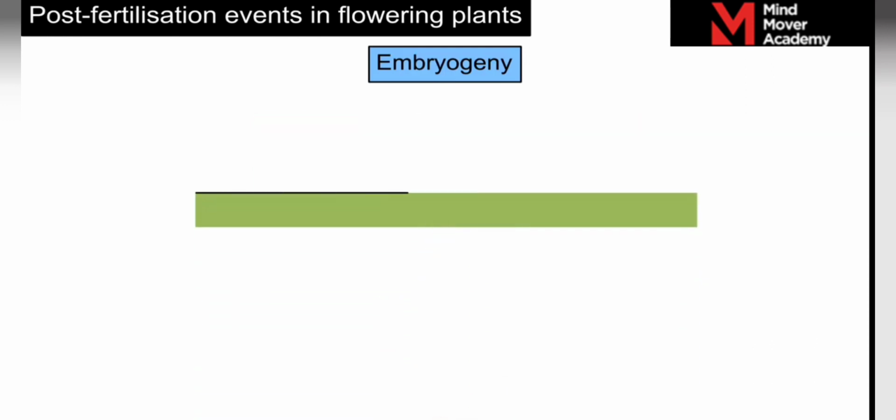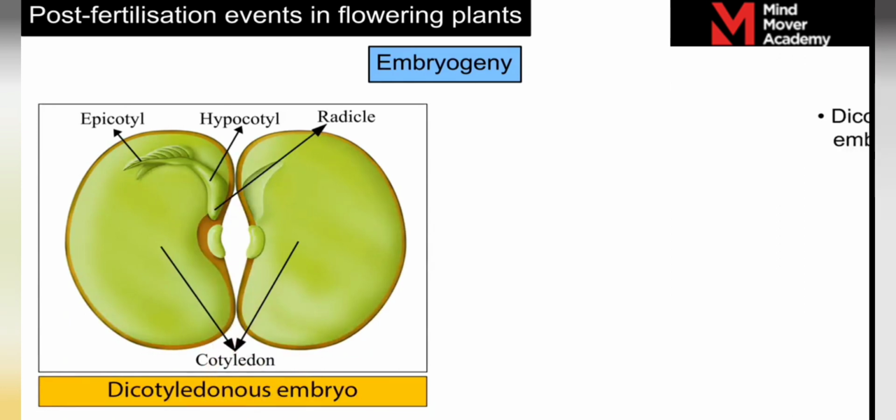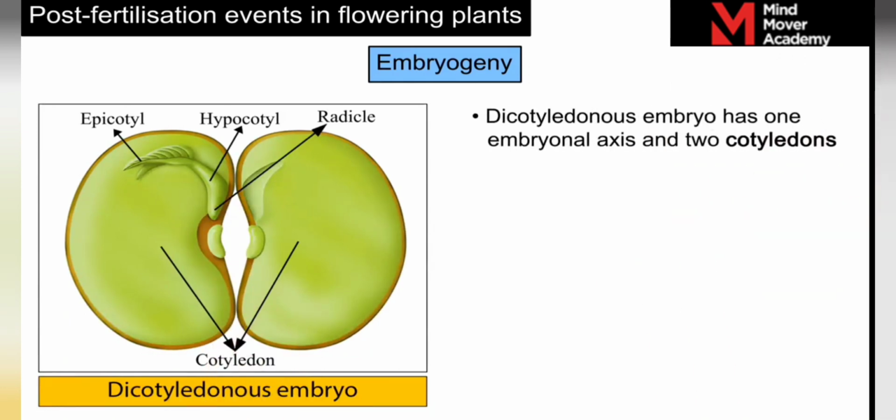There are some characteristic features of a dicotyledonous and monocotyledonous embryo. In a dicotyledonous embryo, there is one embryonal axis and 2 cotyledons.